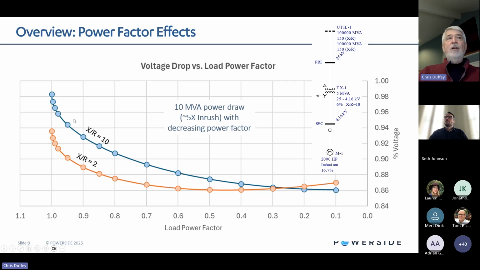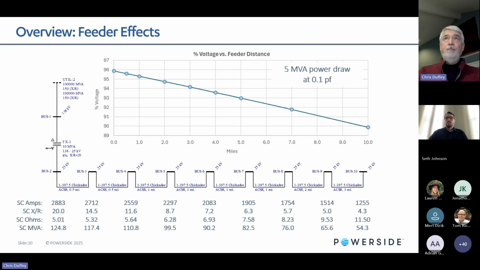As the power factor gets worse, the voltage drop is going to get worse. And if the upstream X over R ratio is lower, you're going to see that voltage dip occur earlier. So there are some interesting system behaviors happening, and that's why it's important to have a good upstream system model when you're doing your motor starting simulations.